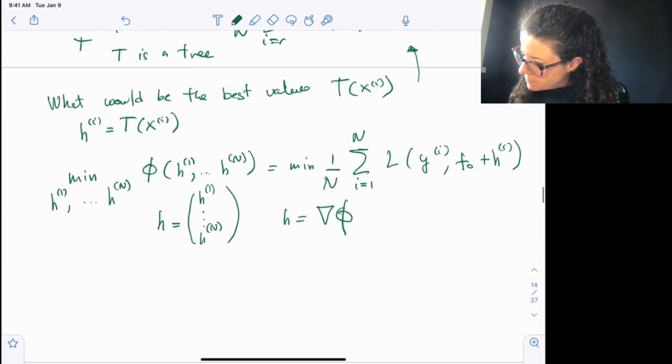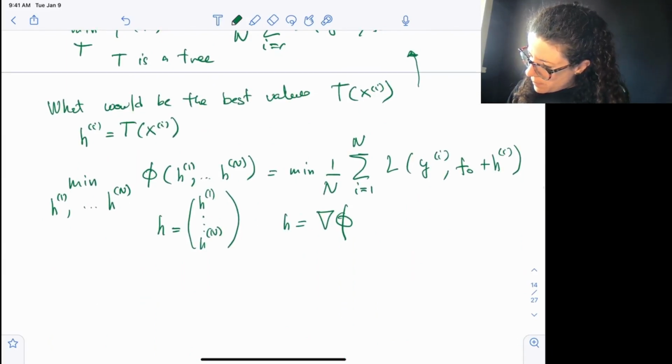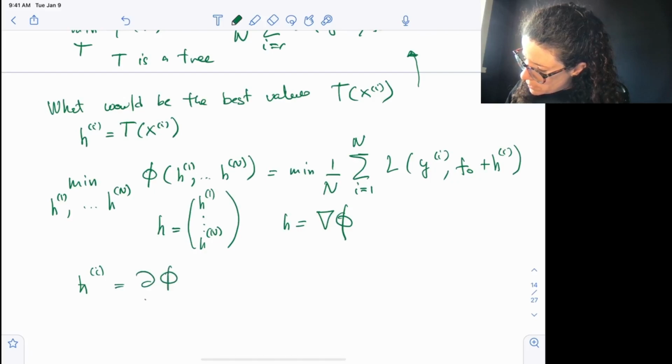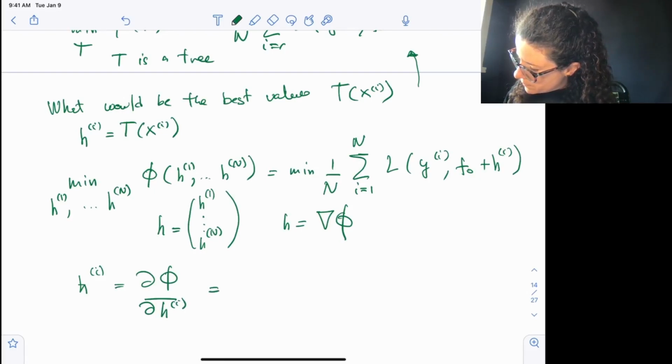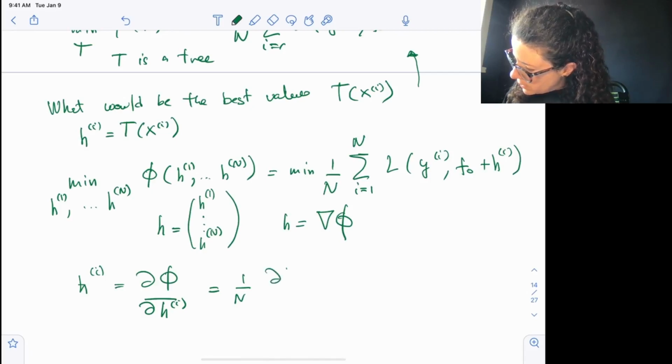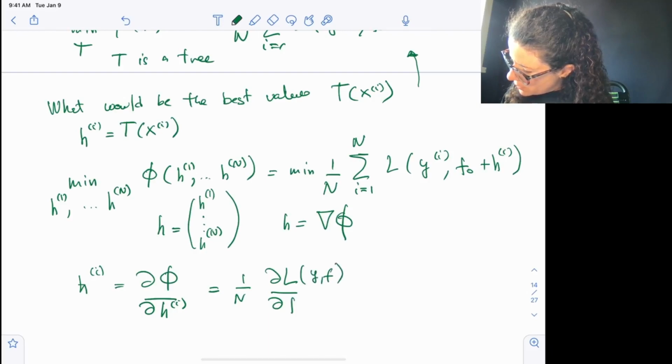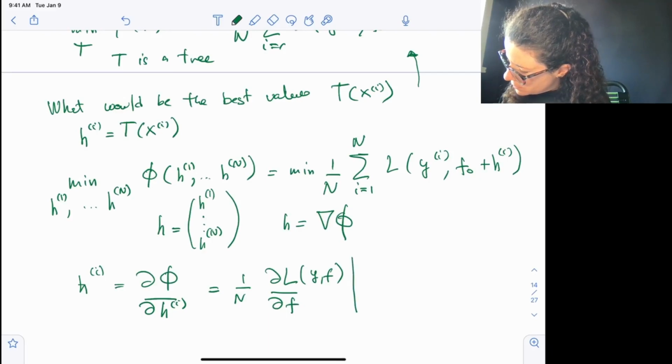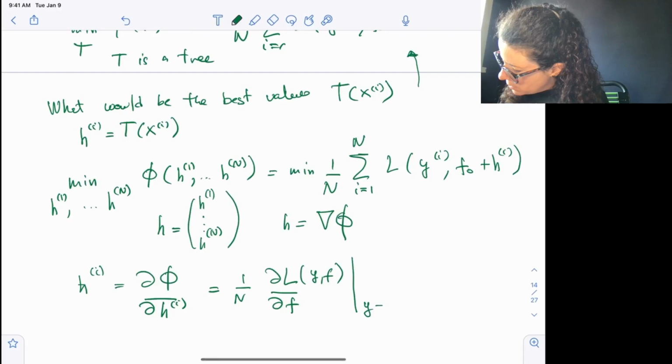So what that means is that the best value of hi would be d phi over d hi, and that is 1 over n, we could also just get rid of this 1 over n too, dL over df, this is L of y, f, evaluated at y equal yi, f equal f0.